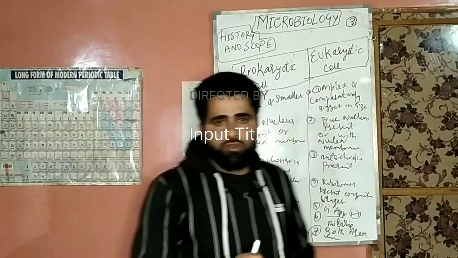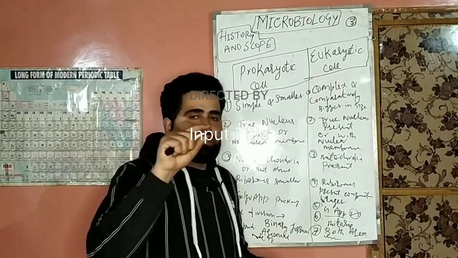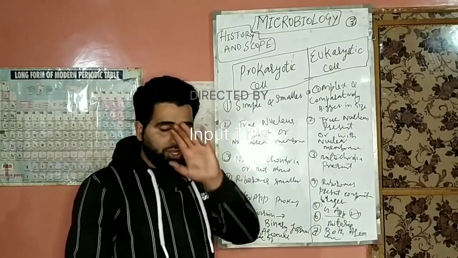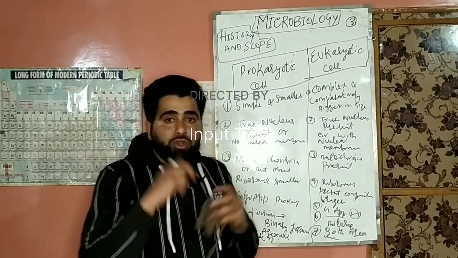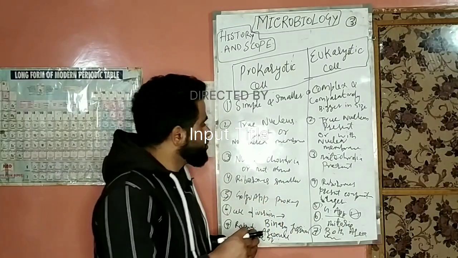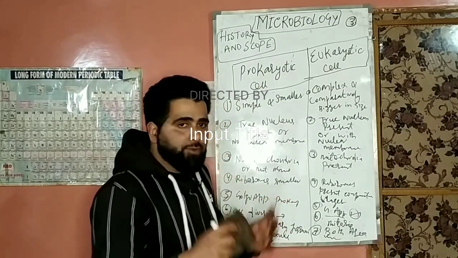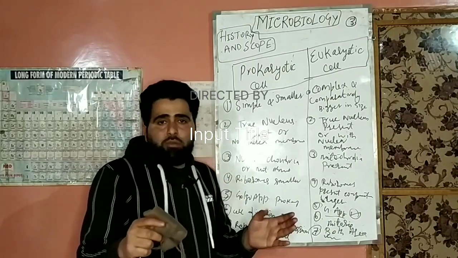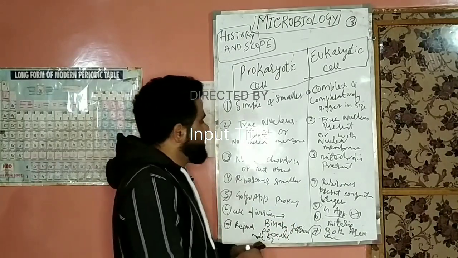Those observations led to the development of a classification scheme to classify organisms, because there is diversity not only in animal and plant kingdoms, but also in the microbial world.